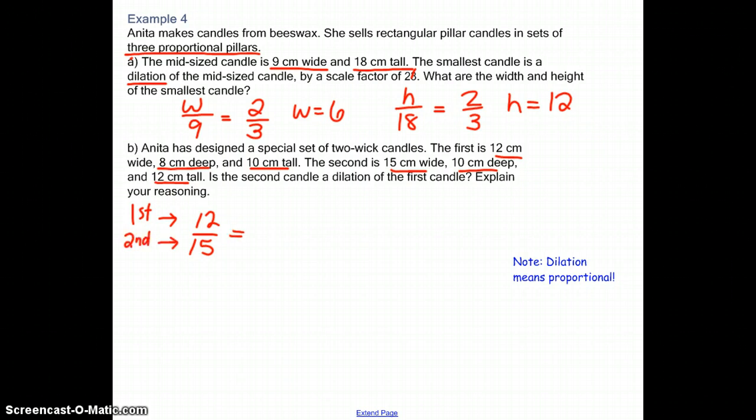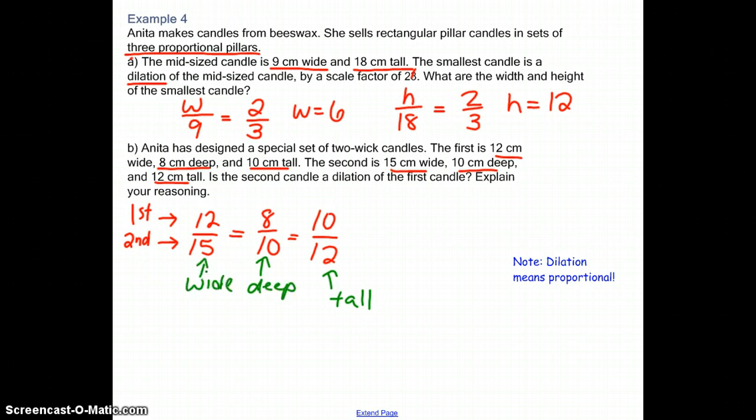If these were perfect dilations, they would have the exact same proportion. So 12 over 15 would be the same as 8 over 10, which would be the same as 10 over 12. Here this is how wide they are, this is how deep they are, and this is how tall they are.